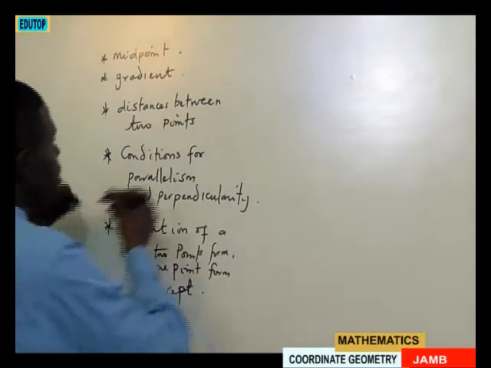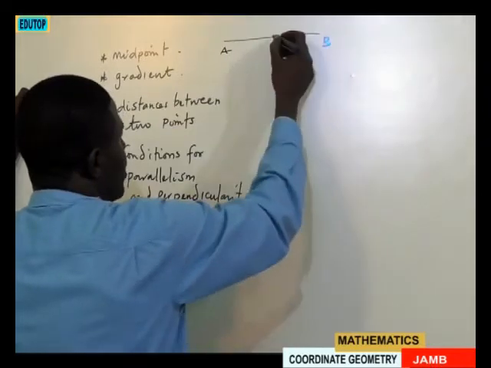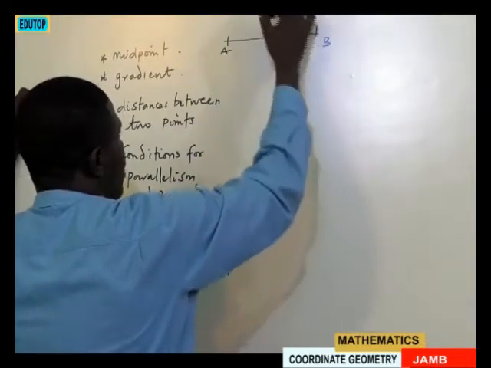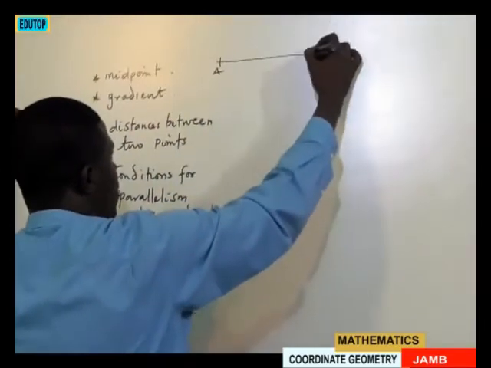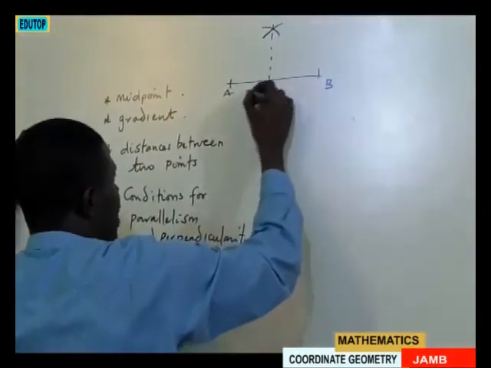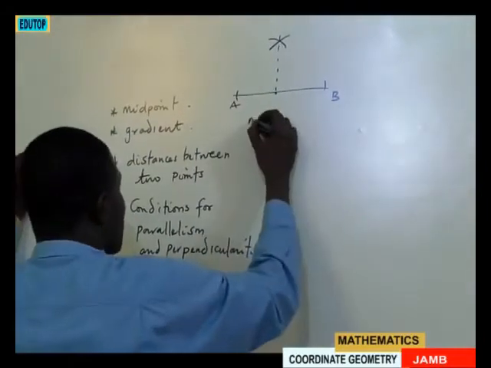Midpoint. If you're having a line AB, by the time you make an arc, you mark this and come to this side and mark this. So this point is definitely a midpoint between A and B. This midpoint has a formula.